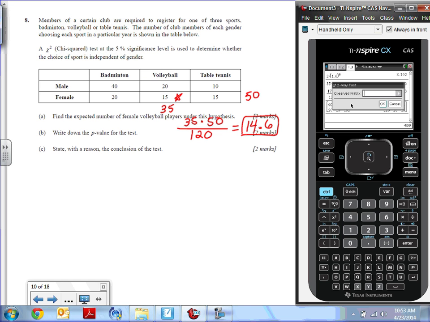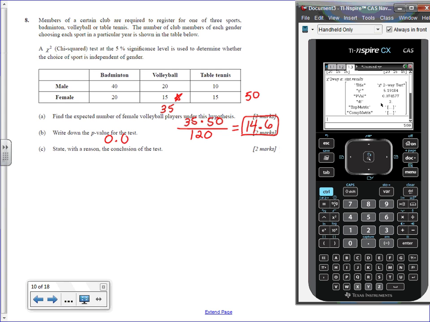The observed matrix, I just called it A. It's going to calculate the whole expected matrix for us. That's going to give us a chi-squared value and a p-value, so you can see the p-value right there. So p-value for this test, we're just going to use 3 significant figures, 0.0746, knowing that that first 0 after the decimal is not significant. So if you rounded this to 0.075, that would not be sufficient.